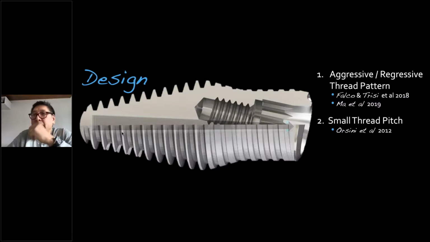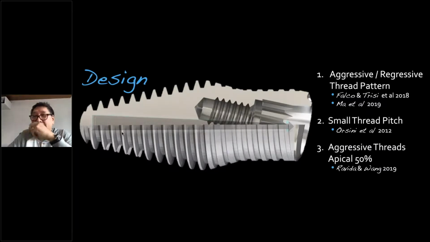I'm having a smaller pitch thread, which this paper from Mersini talks about the thread pitch or distance being more compressed. So you have more threads in contact with bone to give you the stability that you need. And if I learned anything from Craig Mish, is that you can have primary stability and good primary stability with short implants.